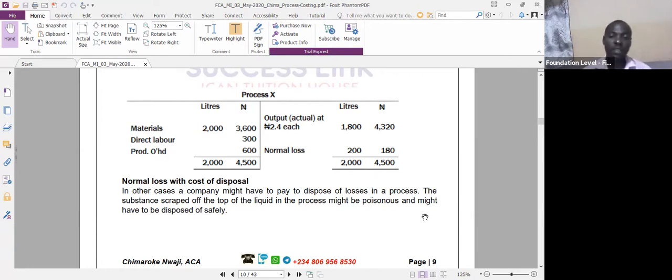If it is, then it means the scrap value will be deducted to determine the value of the expected output. But if there is not going to be an expected loss, or if it cannot be recovered, then it means the normal loss will not have any value at the naira stage.